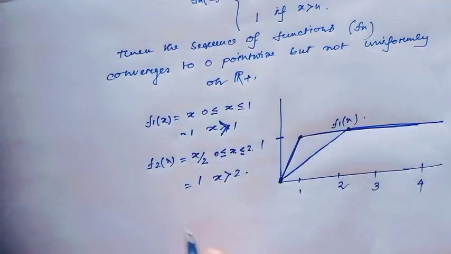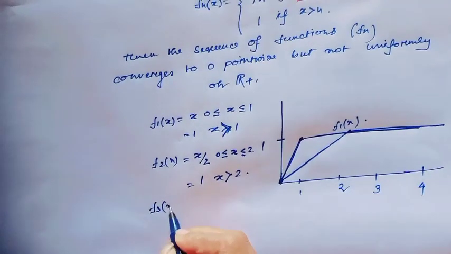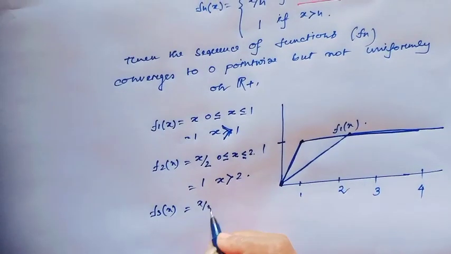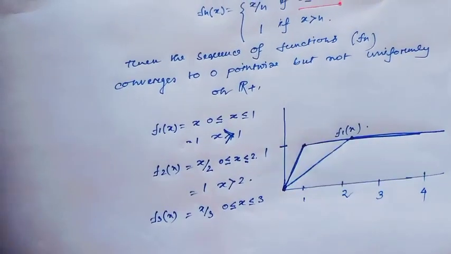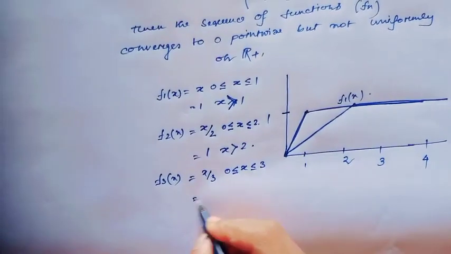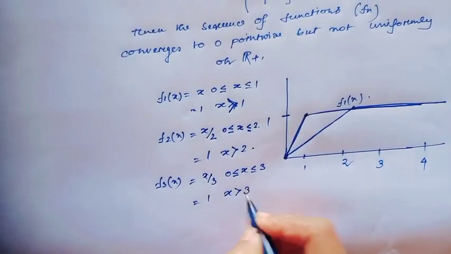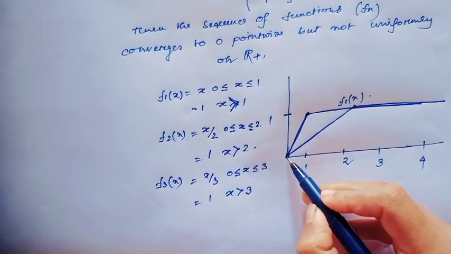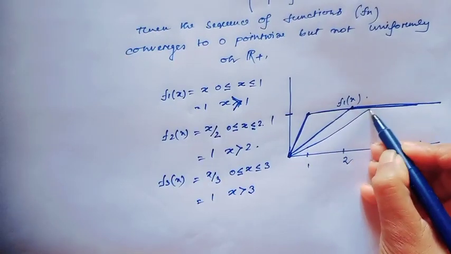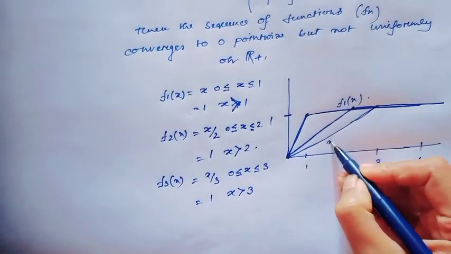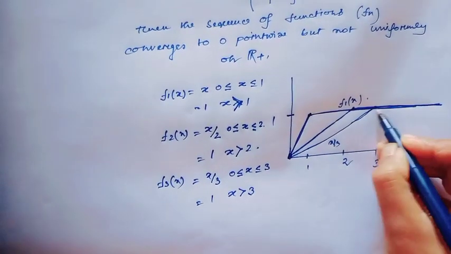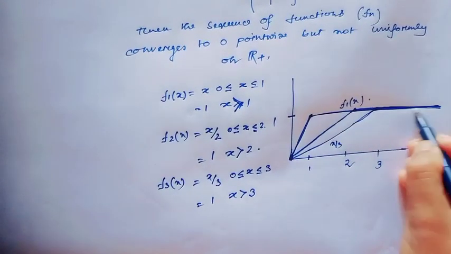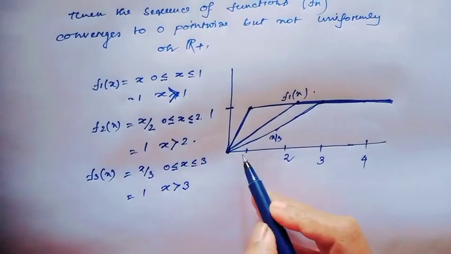And f_3(x) would be x over 3 when x lies between 0 and 3, and 1 when x is strictly greater than 3. Then the graph would be like this. Have you understood this graph?